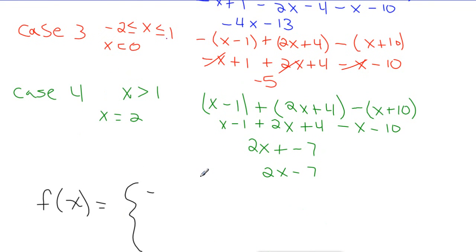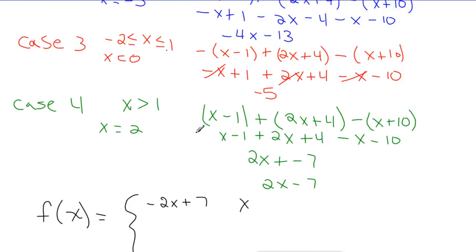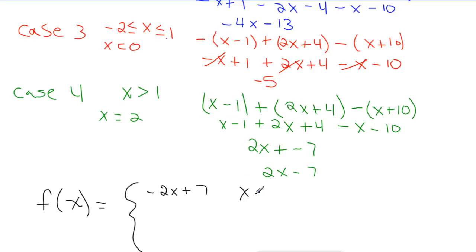It was negative 2x plus 7. Okay, negative 2x plus 7. And that was when x was less than negative 10. So we were going to put x is less than negative 10.